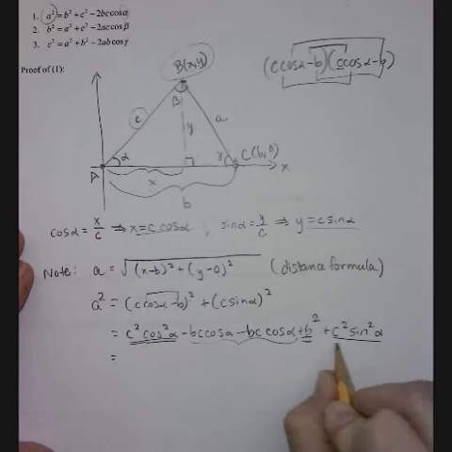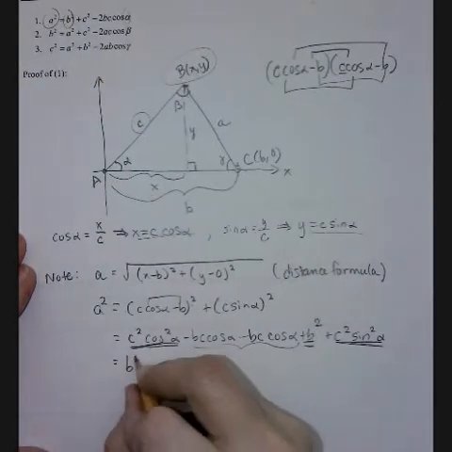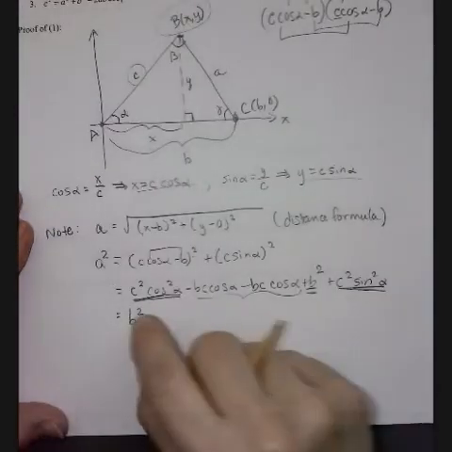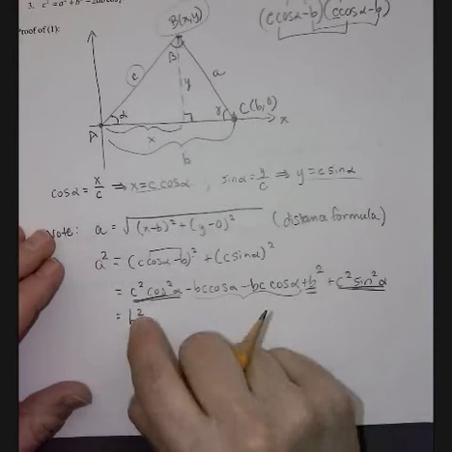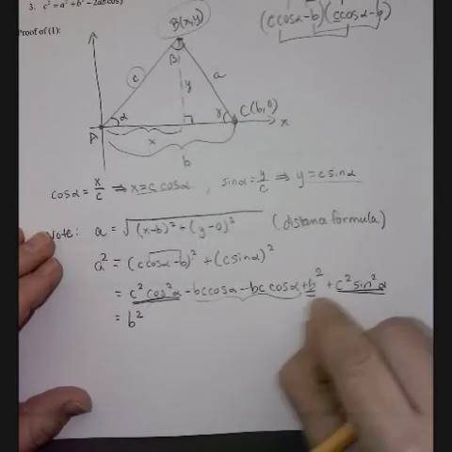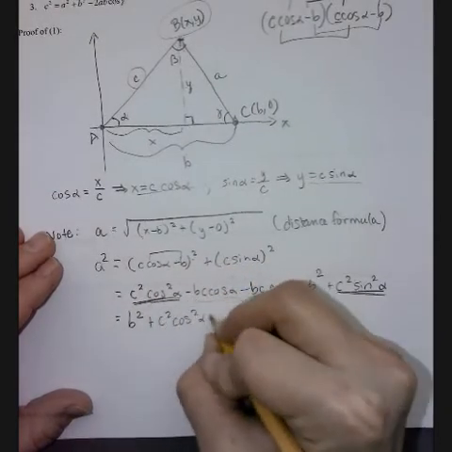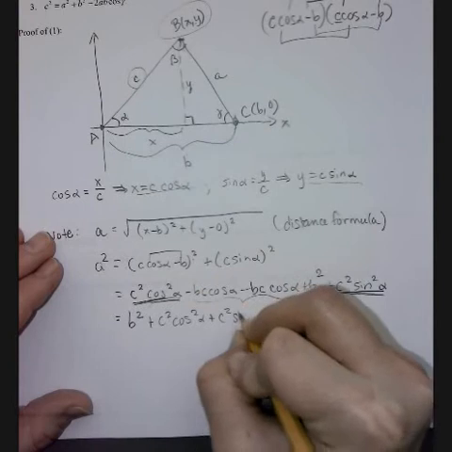So here's my b squared in the formula. Sorry, it's been a while since I've done this proof. Well, not that long, but it was last semester. So b squared, and then plus c squared cosine squared alpha plus c squared sine squared alpha.